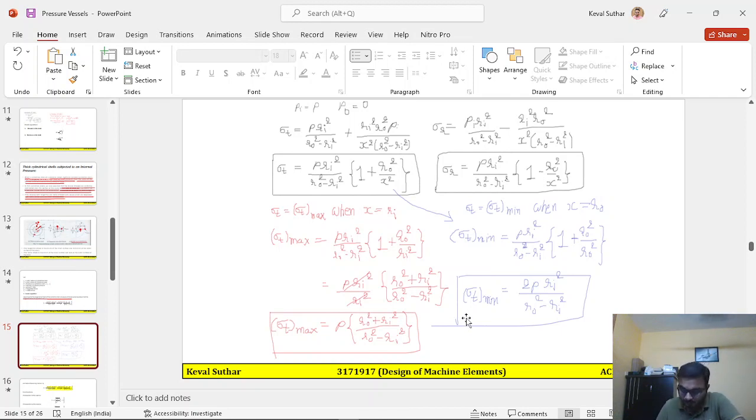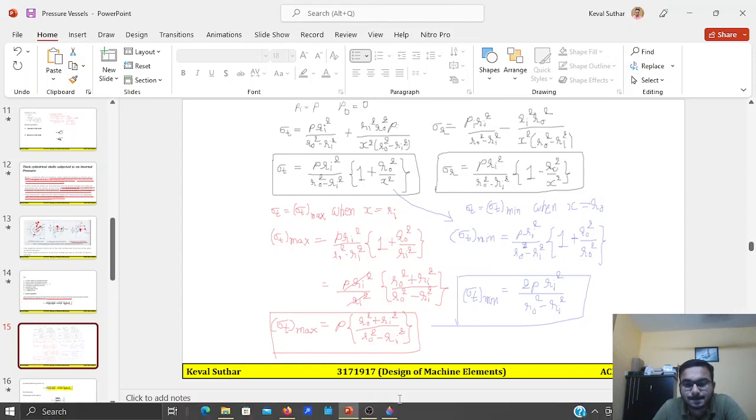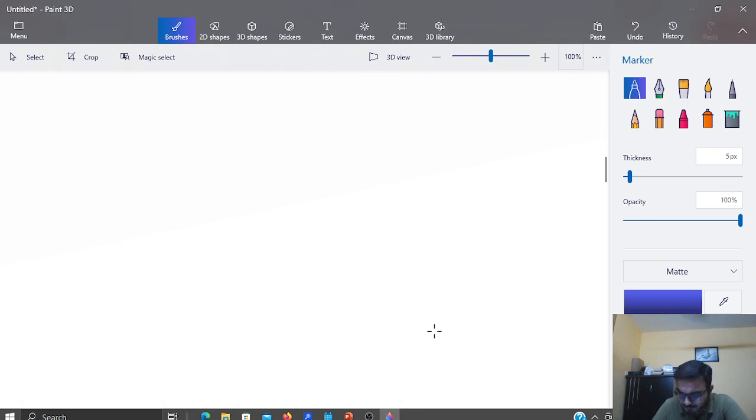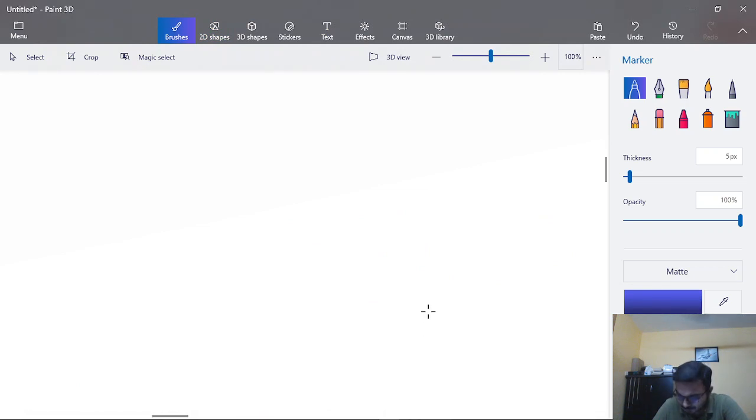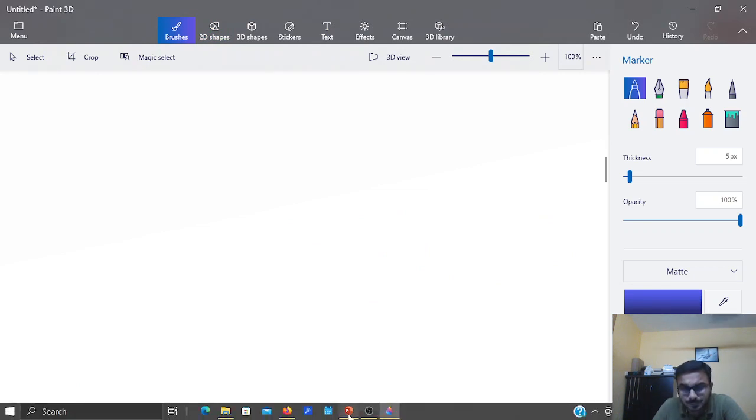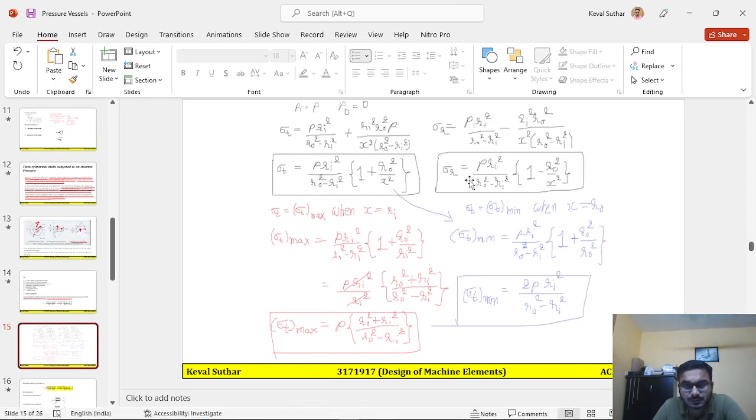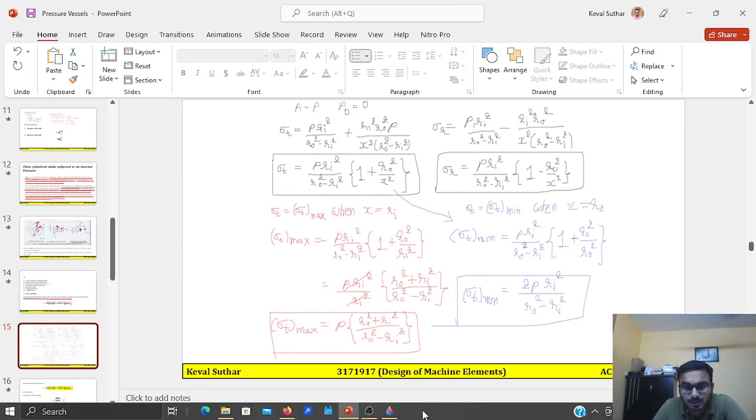So now we will move forward with our radial stress, the maximum and minimum values of radial stress. So we will be utilizing this formula again, which we have already obtained.